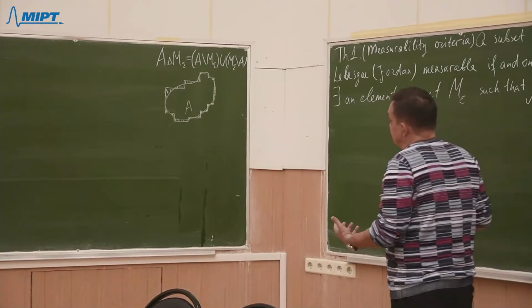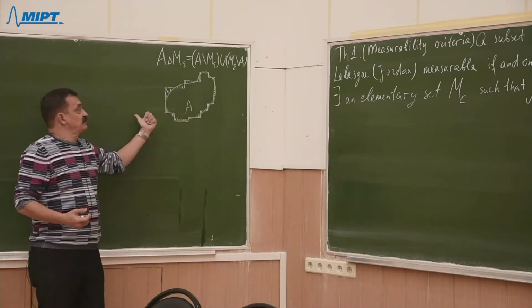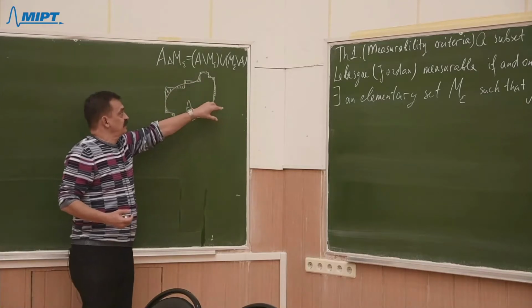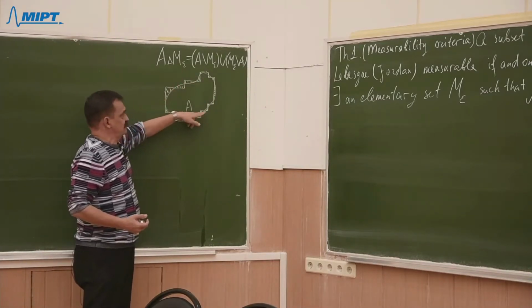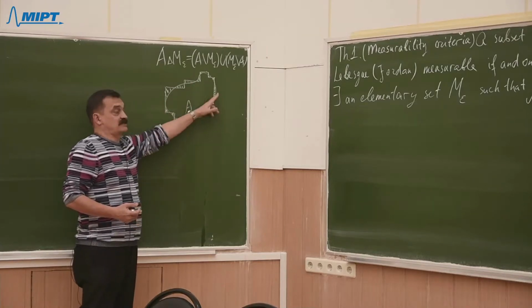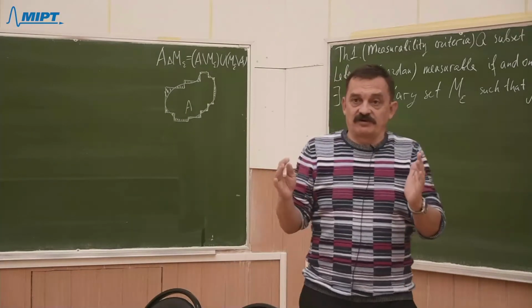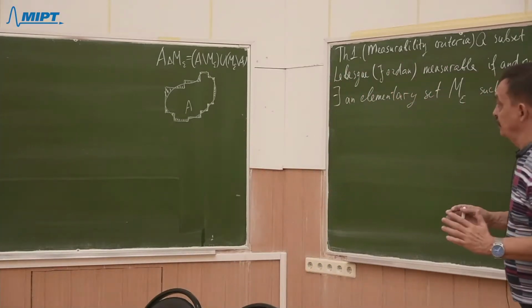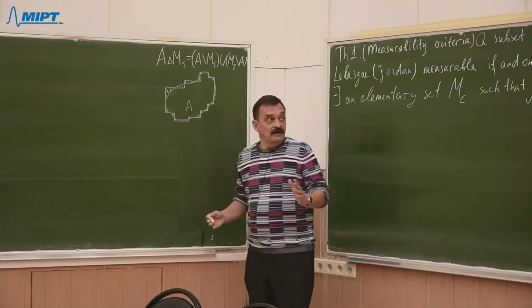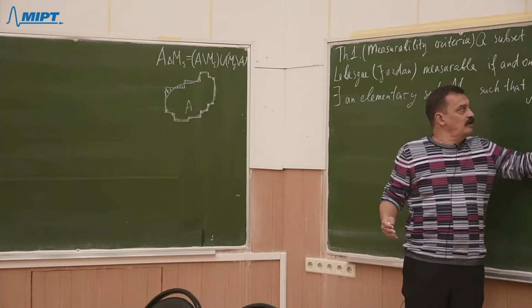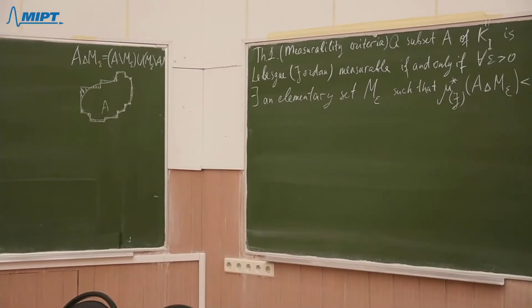So you see that this criterion says when we have a measurable set. We have a measurable set if the difference between our set and this elementary set, which is formed by several intervals, is small according to the outer measure.